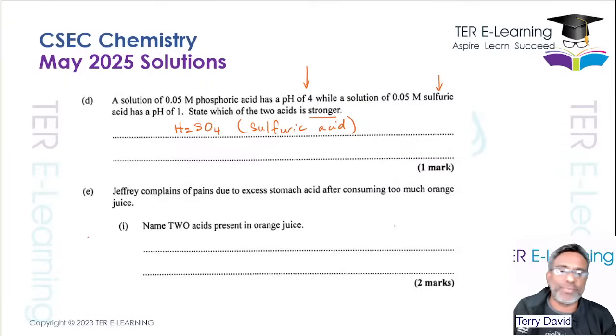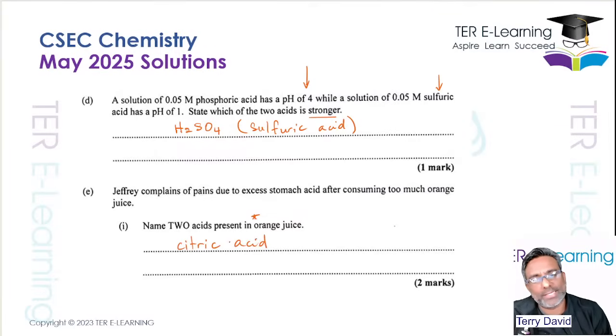Part E, Jeffrey complains of pains due to excess stomach acid after consuming too much orange juice. So this question here is a repeat question. Name 2 acids present in orange juice. So we have citric acid, that's 1.